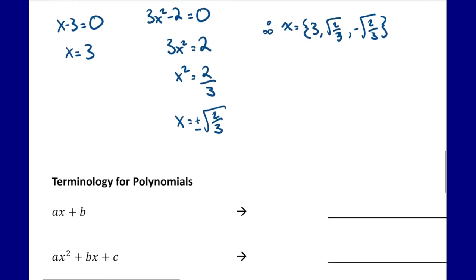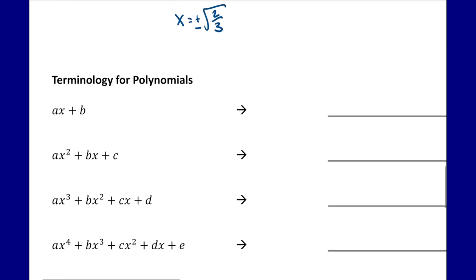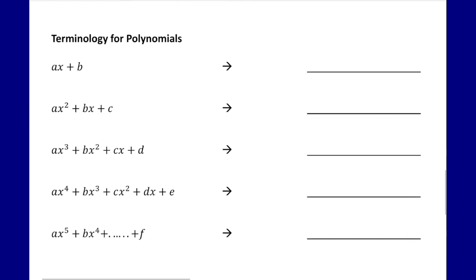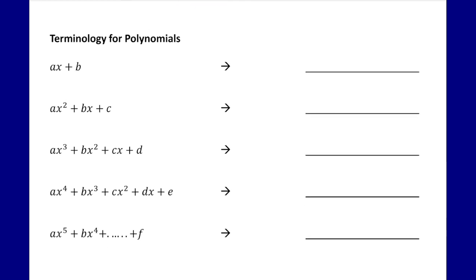Lastly, some things we're going to look at just because it's going to be helpful as we move further along with polynomials. Just some general terminology. If we come across a polynomial that says ax plus b, this would be something that we call linear. This is very similar to y equals mx plus b, which you probably had seen before. This is a linear function.